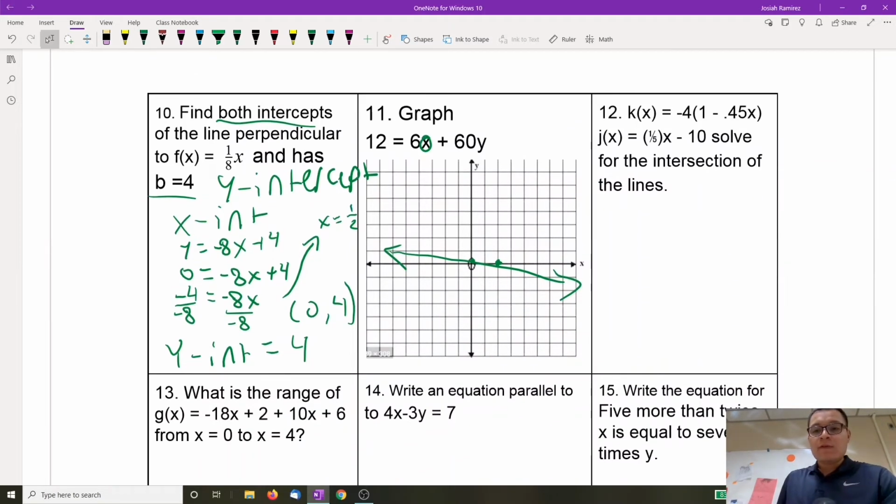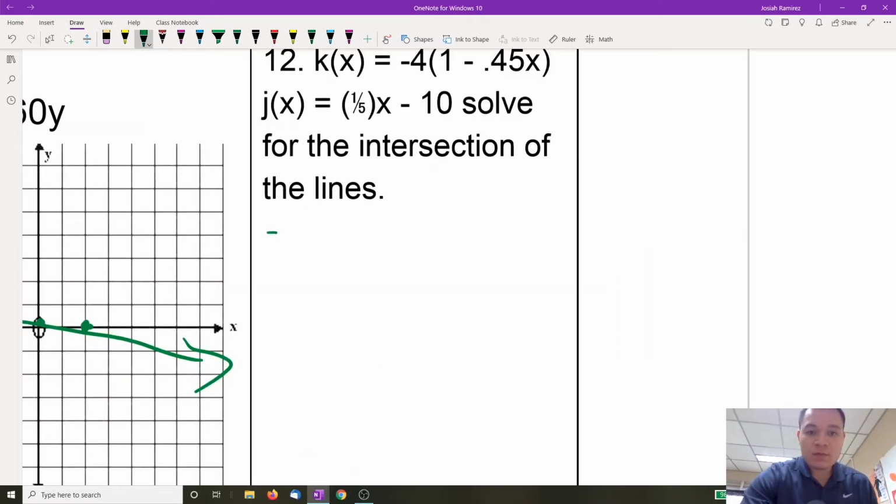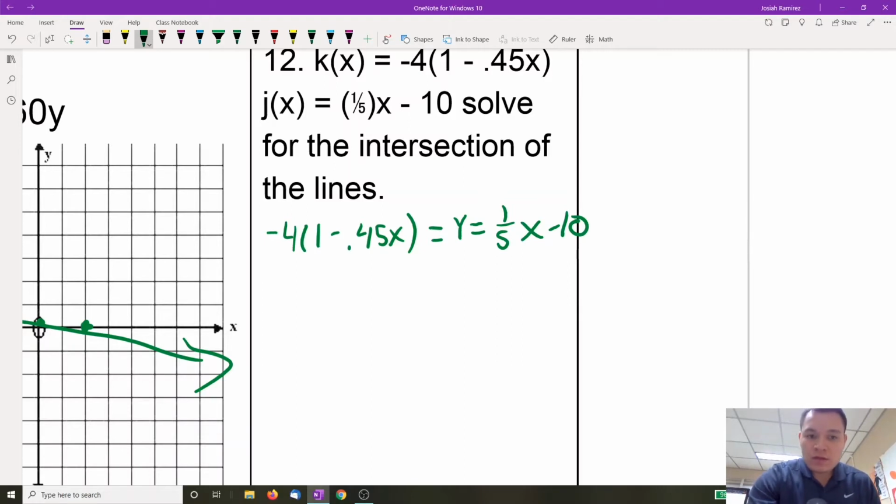In number 12, it wants us to solve for the intersection. Like I showed in yesterday's video, the intersection happens when the y's are equal to each other. Let's go ahead and distribute.